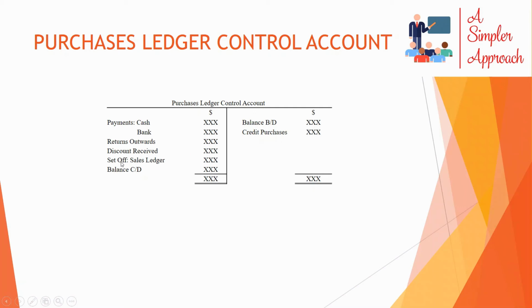Now let us come back to set off. The concept of set off remains the same as we explained it in the sales ledger control account when we were studying that. We said that set off is a situation where we purchase goods on credit from somebody and we also sell them goods on credit. When that happens, instead of paying here and receiving payment there, we just squeeze, as we would call it in plain terminologies, we would just squeeze out the balance.